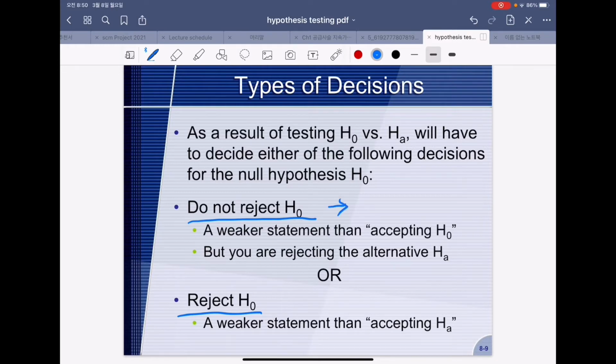So in this case, you reject alternative hypothesis, right? In this case, you accept alternative hypothesis, right? So if you reject null hypothesis, that's good news because you are accepting alternative hypothesis, which you support, right?